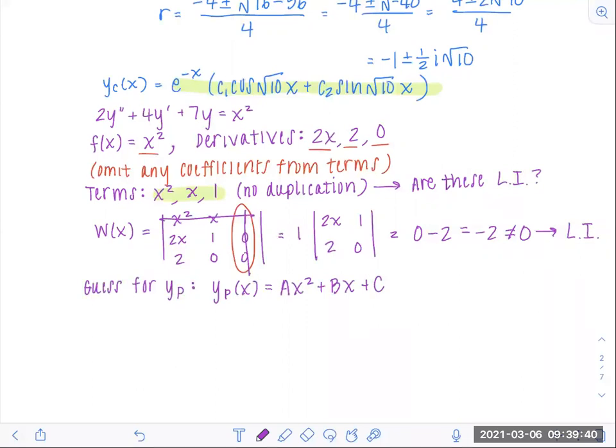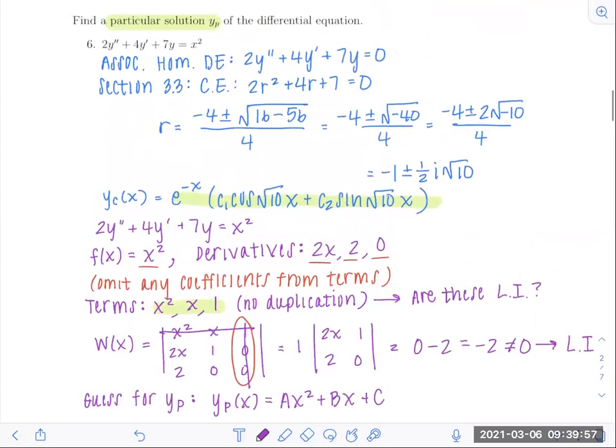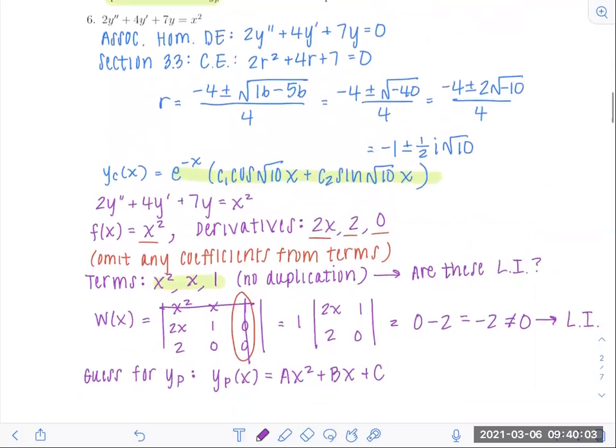Now, at the moment, it is possible that maybe A, B, or C, one of them or 2 of them are equal to 0. I don't know the value of A, B, and C. So now in order to solve for those undetermined coefficients, I would like to plug this yp function back into my original DE. I just want to remind you guys, what is yp?